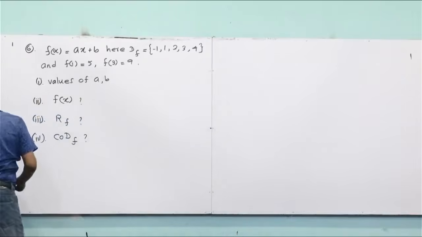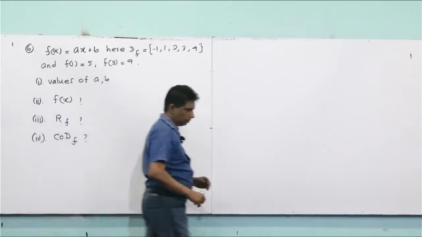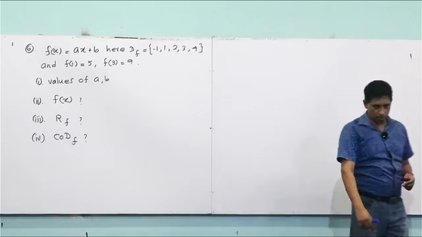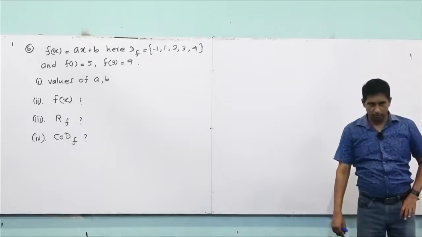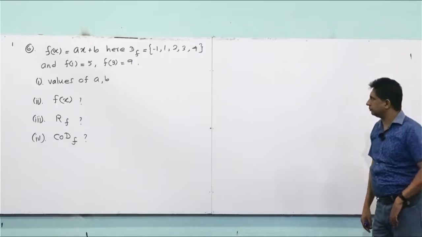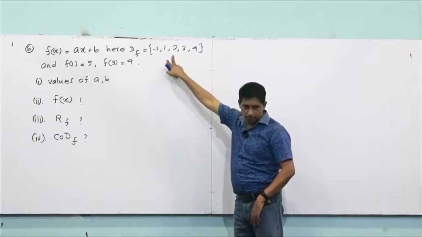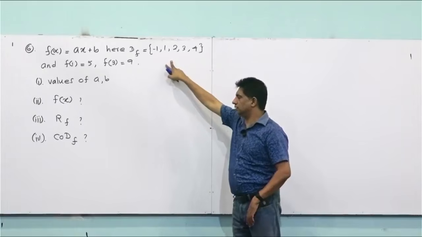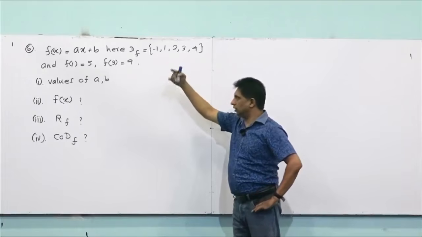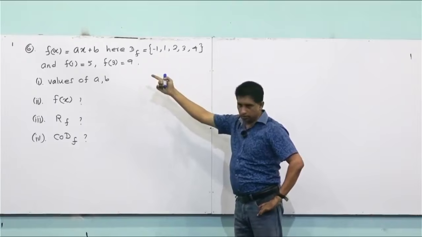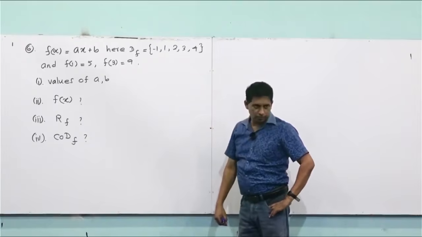Right. Now I change the question type. Here what happened? The domain is given, and the image of x is given, but there is a problem, no?